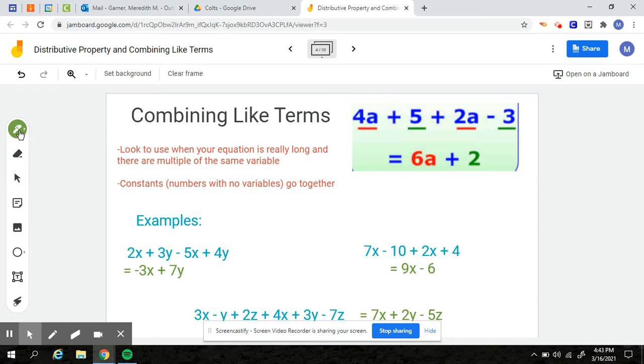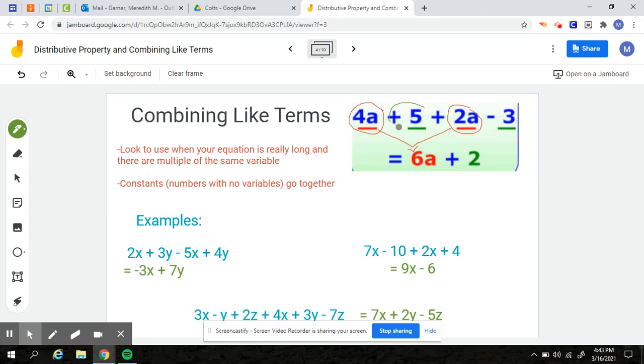So with our equations, what that means is variables that are the same. In that top picture, you notice that we have 4a and 2a, right? They both have the variable a. So we can combine those together, put them in the same pile to get 6a. Same thing with numbers, right? We call those constants. They don't have variables with them.